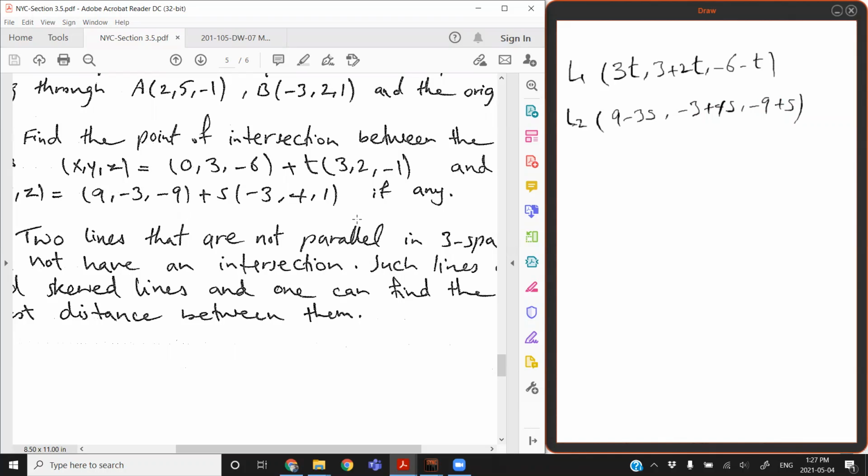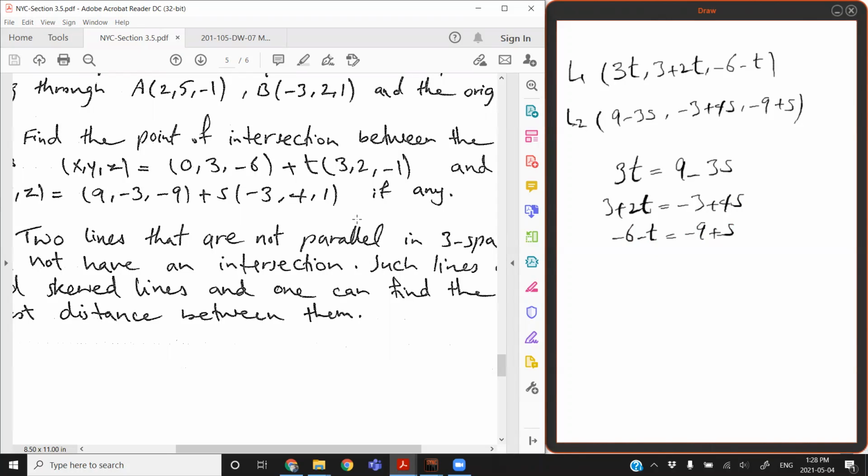For these two to have an intersection, there must be a point that is on both of them. So there must be a point so that 3t is equal to 9 minus 3s, and 3 plus 2t is equal to negative 3 plus 4s, and negative 6 minus t is equal to negative 9 plus s.